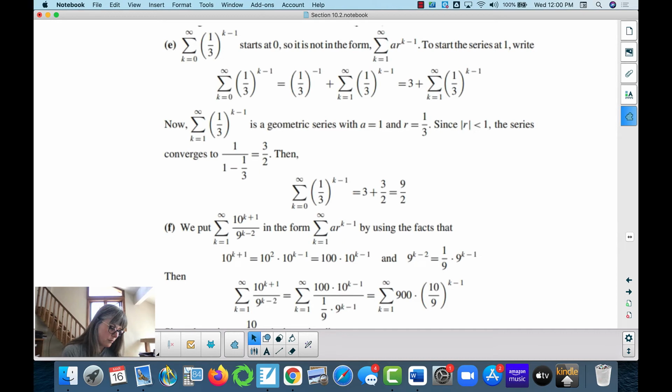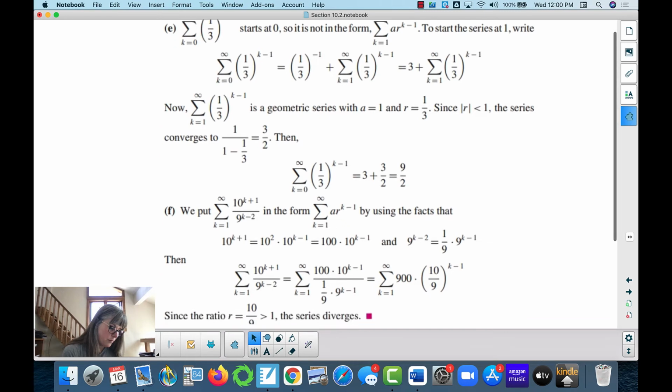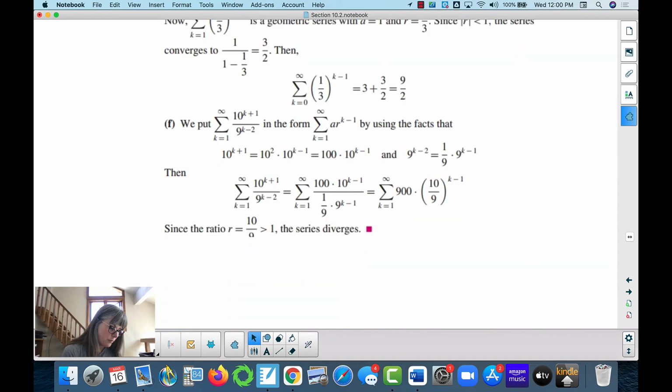Here, also not in the form, so it needs to be put in the form. And once you get it into that form, 1/3 is less than 1, so that converges. And then this one diverges.